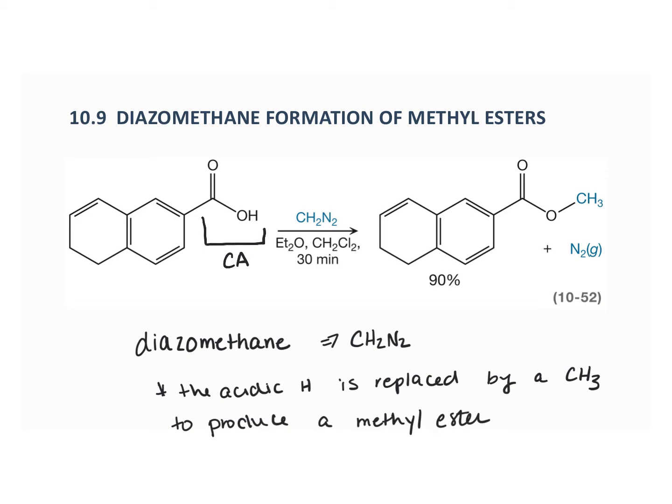And so when we talk about the acidic hydrogen, it's the hydrogen on the carboxylic acid. That's the acidic hydrogen. And then it is replaced with that CH3 group, and that comes from the CH2N2. Notice as well that we're going to produce nitrogen gas.